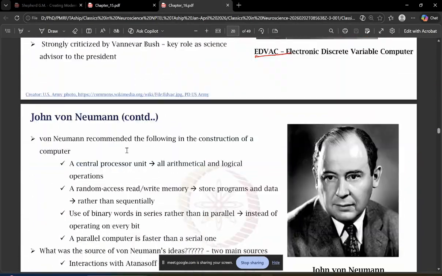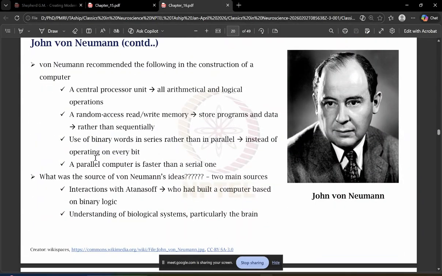And now John von Neumann also proposed the use of binary words. And he said that serial computation should be used rather than parallel computation. So, although it was known that parallel is faster than serial, he said that using binary in series is better than using parallel, is what he said.